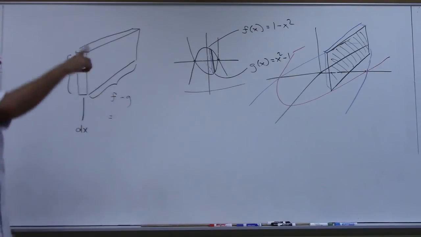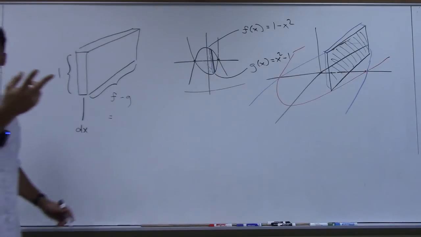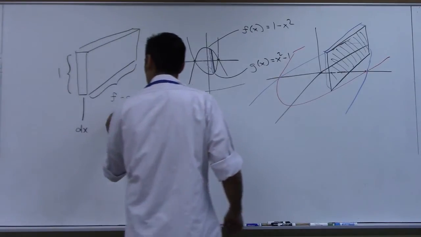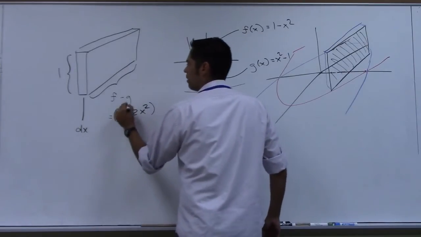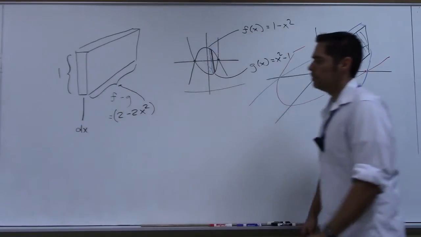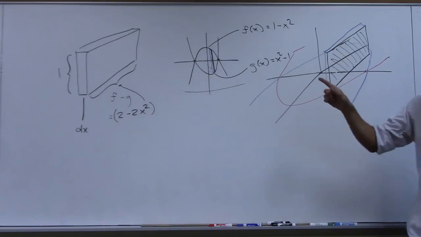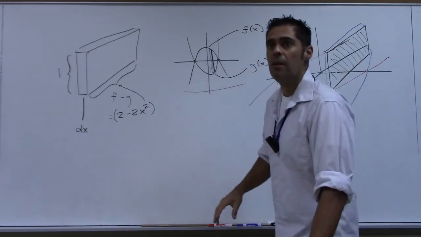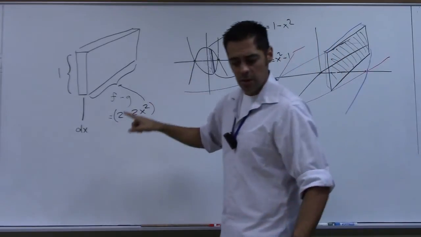Let's just do the algebra there. Didn't we do that earlier? Isn't it 2 minus 2x squared? That right there is this. Agreed? That's the dimensions of this little sliver. Now we multiply those three together, right? And that gives us the volume of that little sliver.